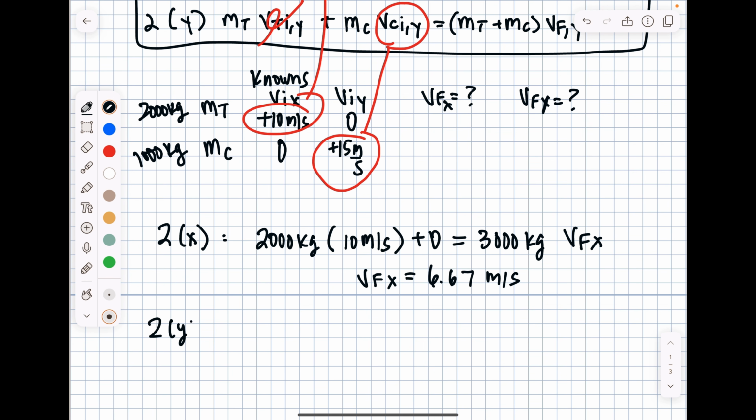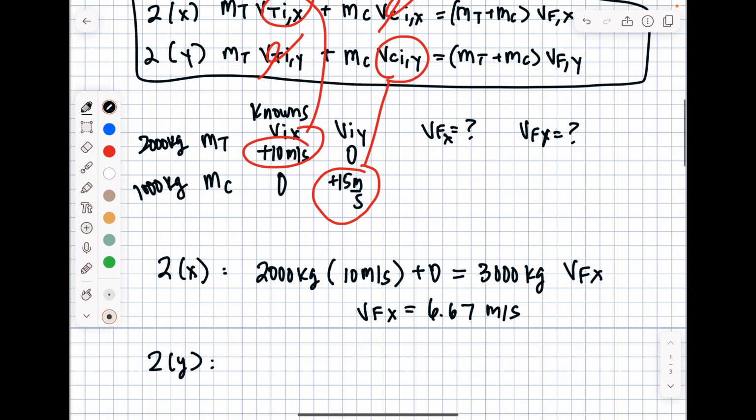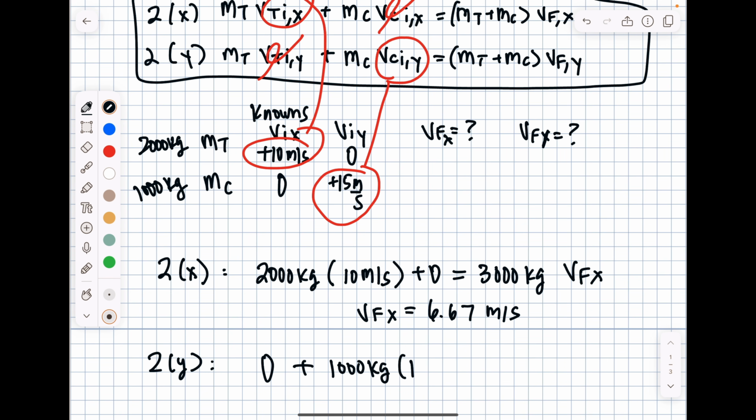Now we can get our y. And so we are going to have no truck motion in the y direction, but the car is moving in the y at a speed of 15 meters per second, positive.